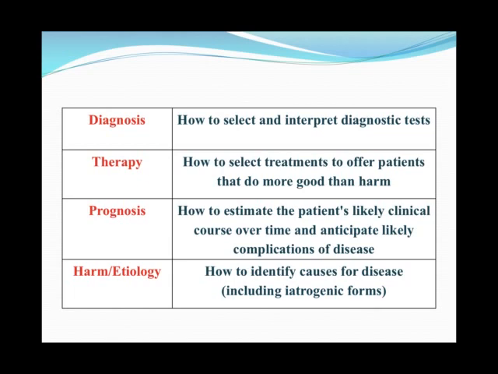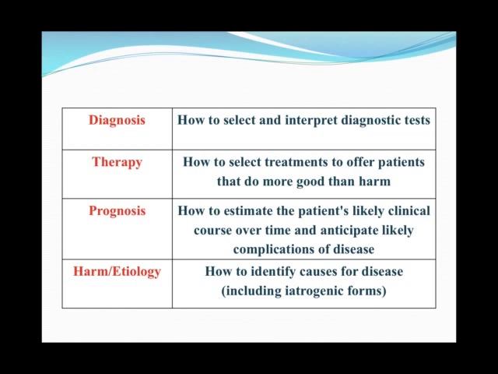So, prognosis questions. How do we estimate the patient's clinical course over time and anticipate complications of disease? Like, what's the likelihood that a patient with stage 2 pancreatic cancer will live 5 years? Or what's the likelihood if they get chemotherapy?